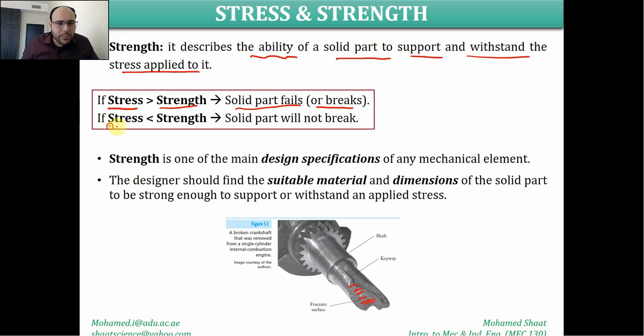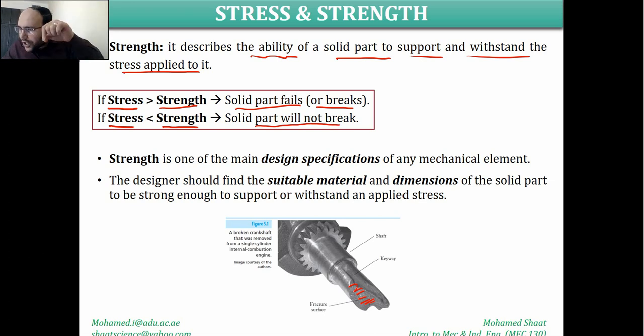But in case the applied stress is lower than the strength, this part will work properly and perfectly, with no fracture. So in order to design a mechanical component, we have to make sure that the stresses acting over this component due to the force are less than the strength of this shaft.